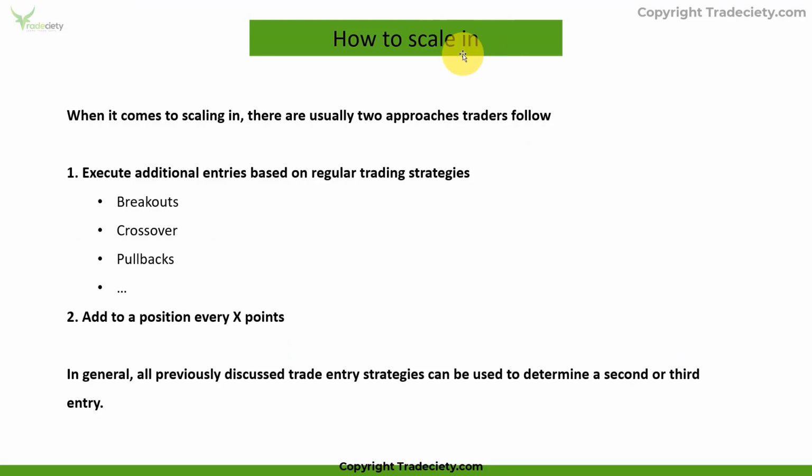So how do we scale in? What are the ways we can define what are secondary, third entries? And when it comes to scaling in, you usually have two options. First, you just have your additional entries based on your regular trading strategy. So you could use general breakout approaches, breakouts out of consolidations. You could use crossovers. Maybe you use a moving average as a crossover signal.